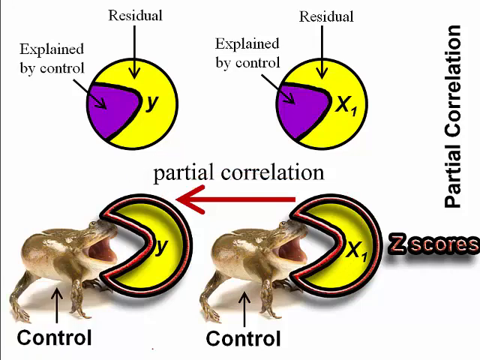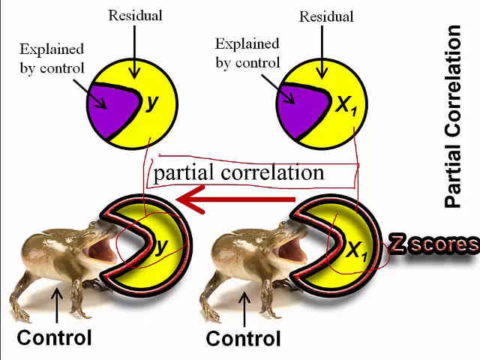Again, if I first extract my uniquenesses, if I first extract the residuals out of x, and then extract the residuals out of y, and then turn those residuals into z-scores, and then use the standardized residual of x to predict the standardized residual of y, that gives me a partial correlation. The beta weight I get from that simple regression equation is a beta weight I can call a partial correlation.